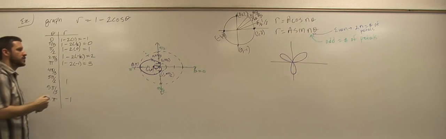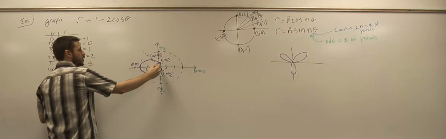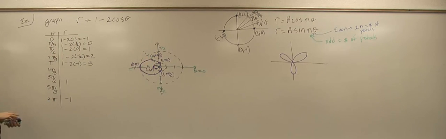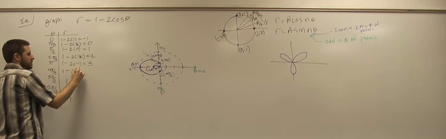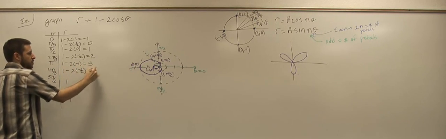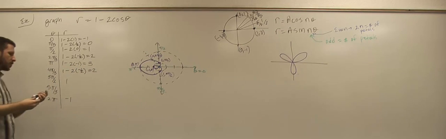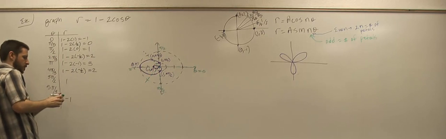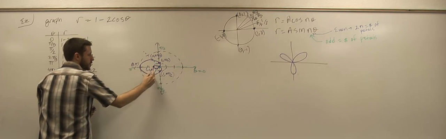So you're on a circle of radius 2 at the angle 2 pi over 3. Then you can do 4 pi over 3, it would be 1 minus 2 times negative 1/2 again, which would be 2. So when you're over here at 4 pi over 3, you go on a circle of radius 2 again.